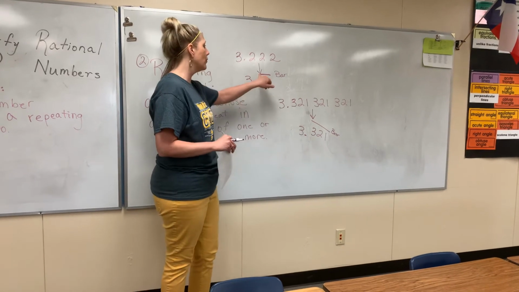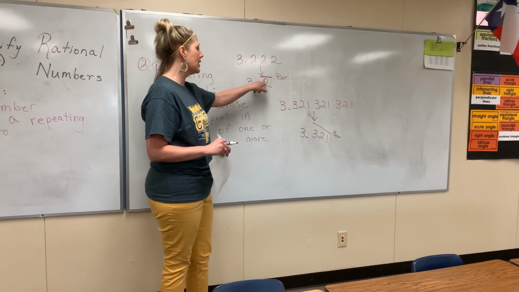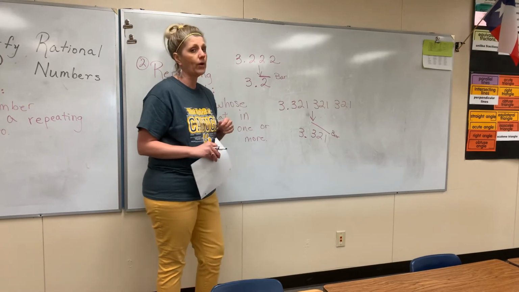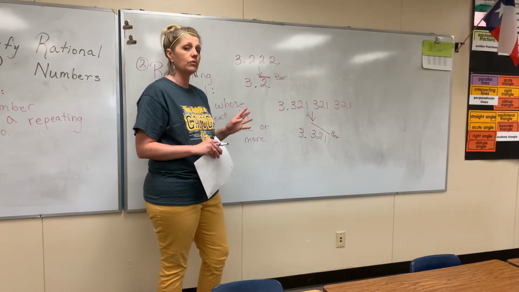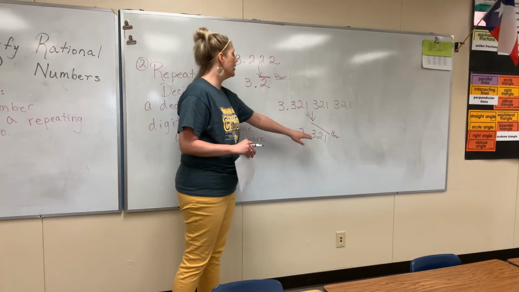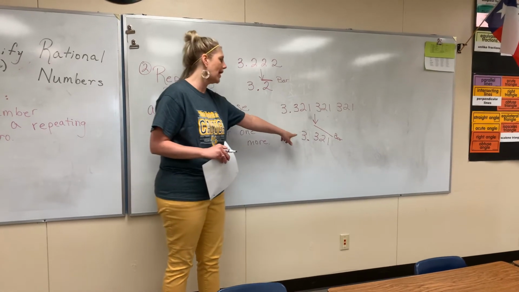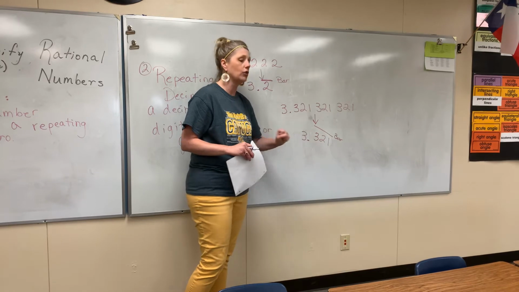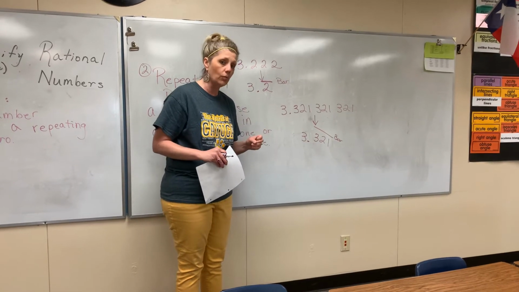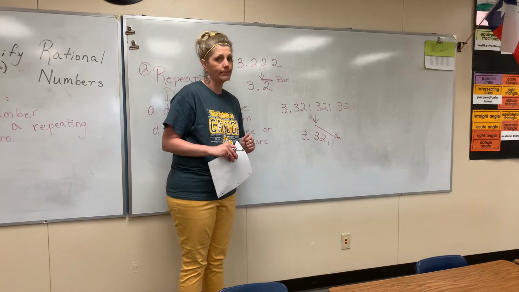And when you draw the bar over it, that lets me know that it's really not just 3.2, it's 3.22222 and so on. On this one, when you drew the bar over the 321, I know that the answer is not really 3.321, it's 3.321, 321, 321.